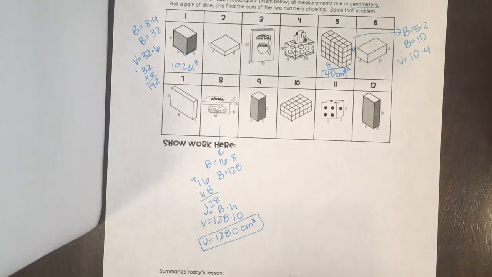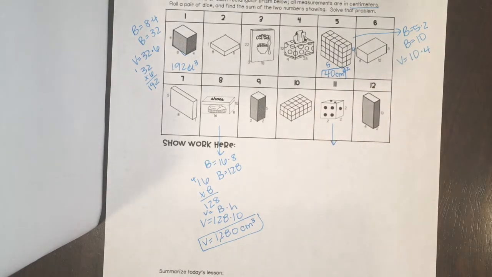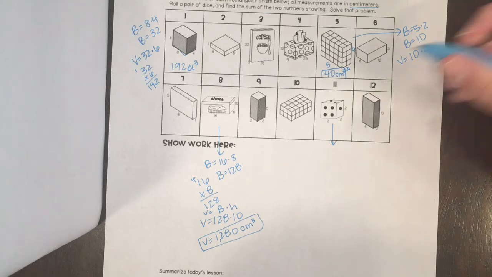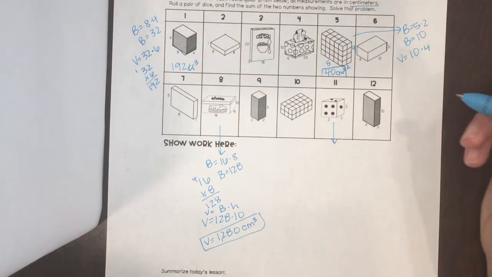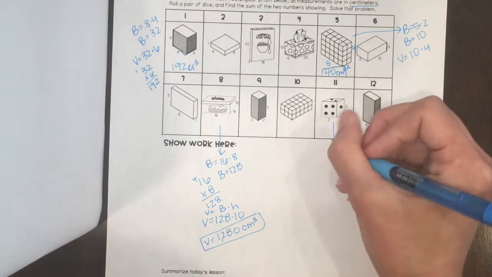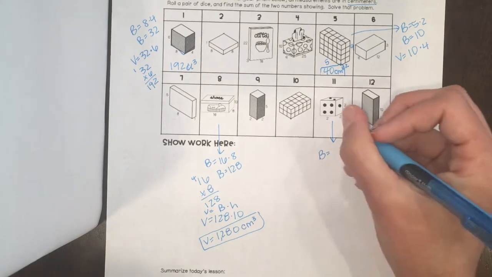Okay, this will be our last one that we do. Let's do the dice over here. So a dice is actually a cube, or maybe it's die, I should be saying, but it is a cube in shape, meaning all the sides are the same. So if you think about that cube, the base of it is a square. So when we look at big B, it's going to be side times side, or side squared.